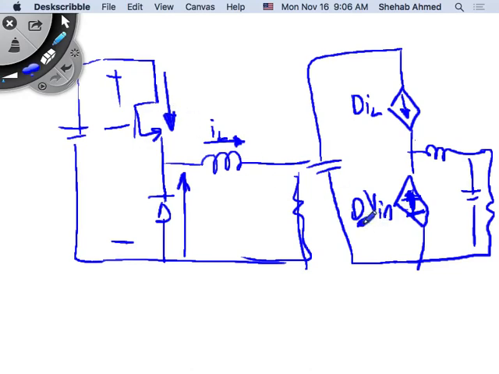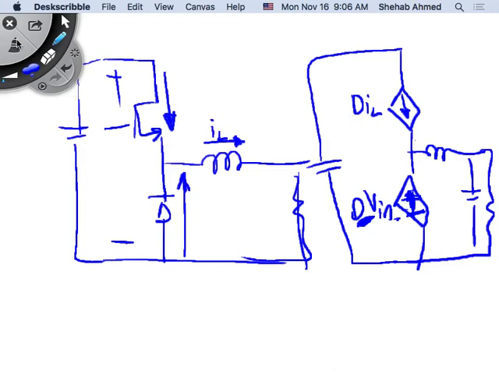So during the on time of the switch, I'm seeing a voltage equal to V input. During the off time, I'm seeing 0. So I'm only seeing a portion of the voltage that is proportional to the time that the switch is on. That's why this is D times V input, and this is D times IL.